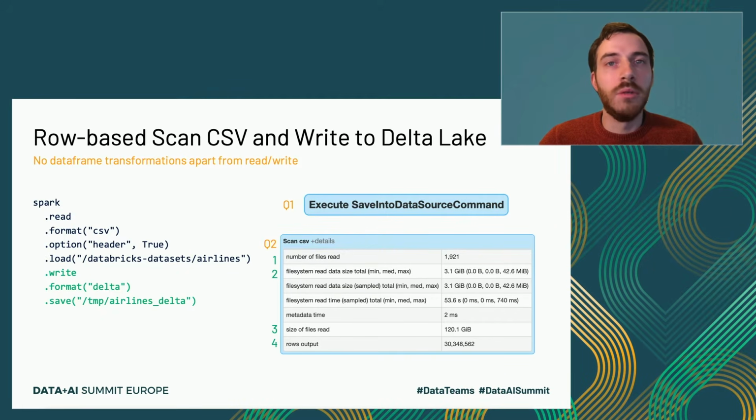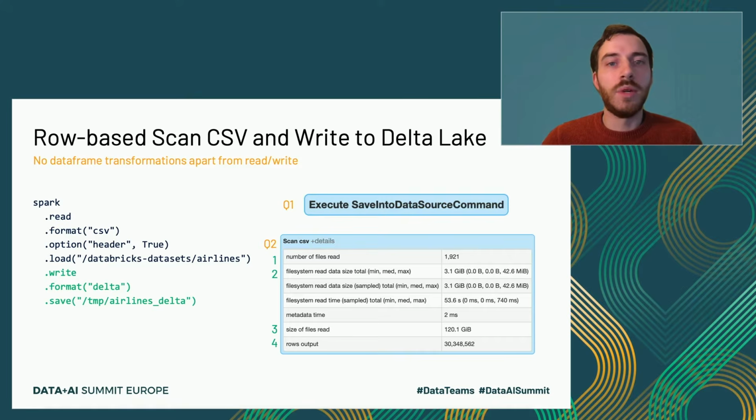The first query, denoted by Q1, contains one operator called the save into data source command. This in itself doesn't start any jobs. Instead, it just waits for the second query that it spawns to be completed. Query 2, Q2, is responsible for reading the data from the CSV file and writing it out to the Delta format.